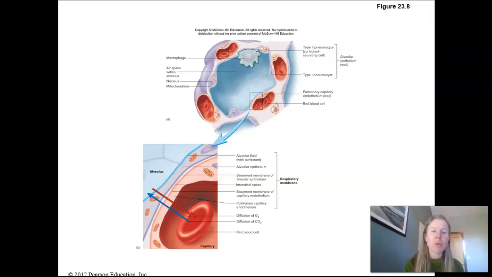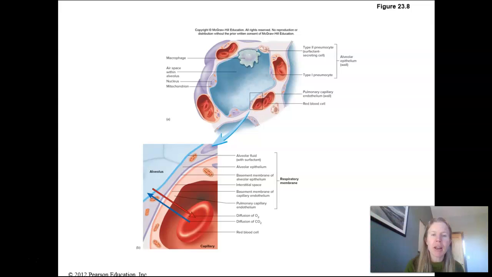And so this respiratory membrane, notice what we include here. There is a thin layer of fluid on the inside of the lung, and that's actually going to be useful in gas exchange.